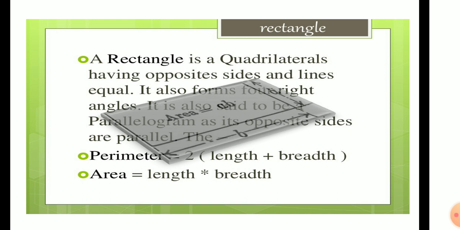But now, in terms of parallelogram, if in any parallelogram any one angle is a right angle, in that condition the parallelogram is a rectangle. So this is the definition of rectangle in terms of parallelogram also. And you are aware, the perimeter is 2(L + B), and the area is length into breadth.